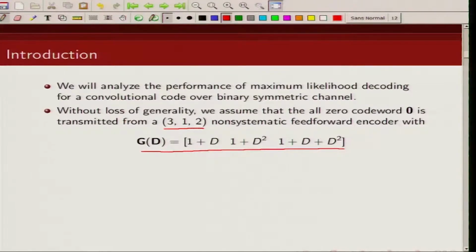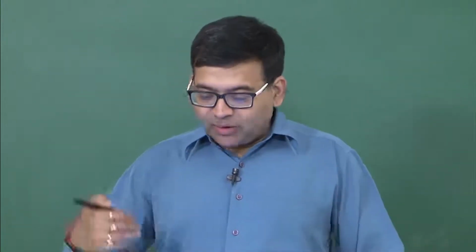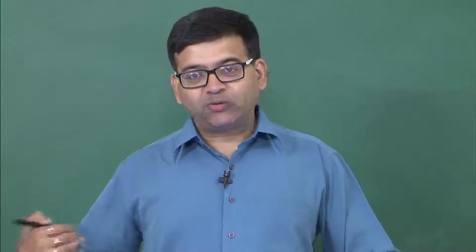Without loss of generality, we will assume that the all 0 code word was transmitted over a binary symmetric channel, and we received the bits. We applied maximum likelihood decoding, Viterbi decoding, and now we are interested to characterize the performance of the Viterbi decoding algorithm.